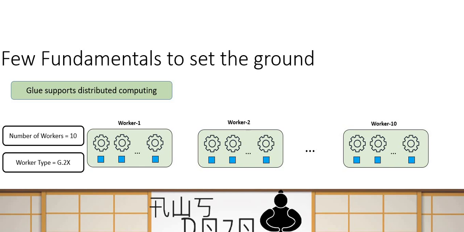So basically, you can see here, Glue supports a distributed computing engine because your data is processed across multiple workers and multiple tasks in a parallel fashion, which brings a lot of scalability as well as faster processing of the data. So the second fundamental to keep in mind, Glue supports distributed computing.